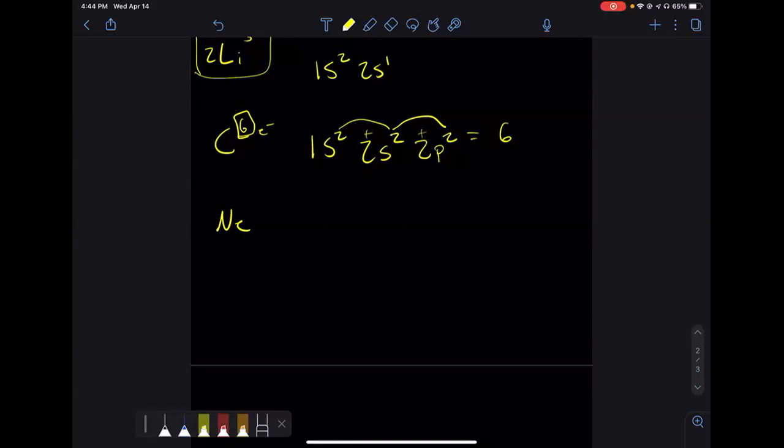You're going to start with 1s, and then you have 2s, 2, and then how many do you have in the p orbital? Now you have 2 in the 2s, and in the 2p there's going to be 6. So now there should be 10 electrons total. And if we look at a periodic table, we're going to find that neon has 10 electrons.